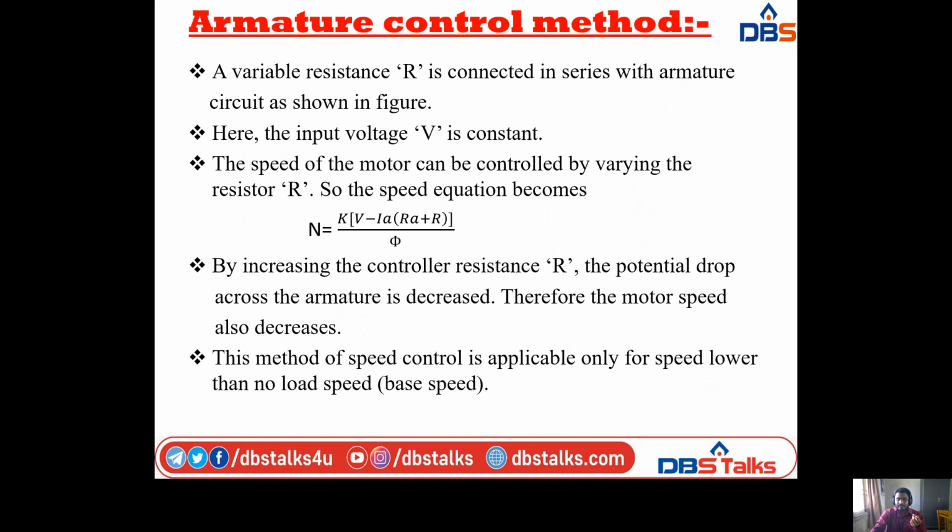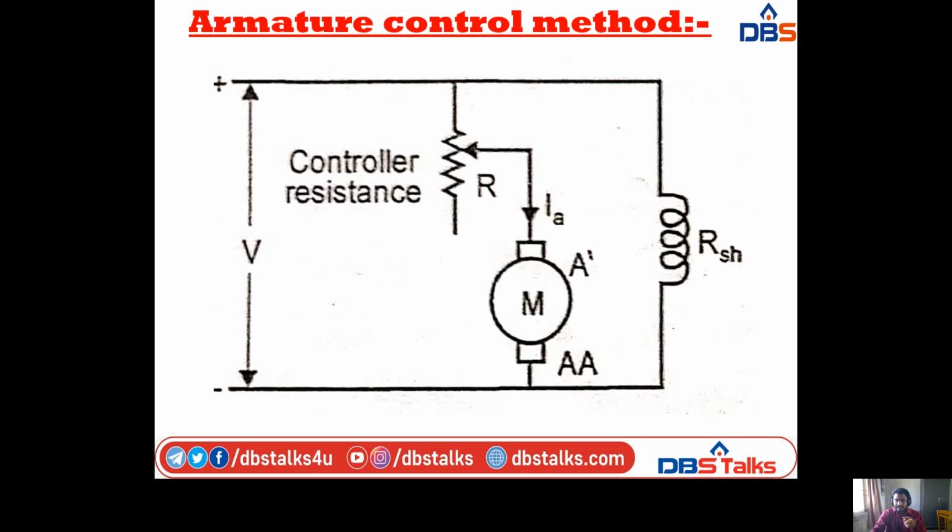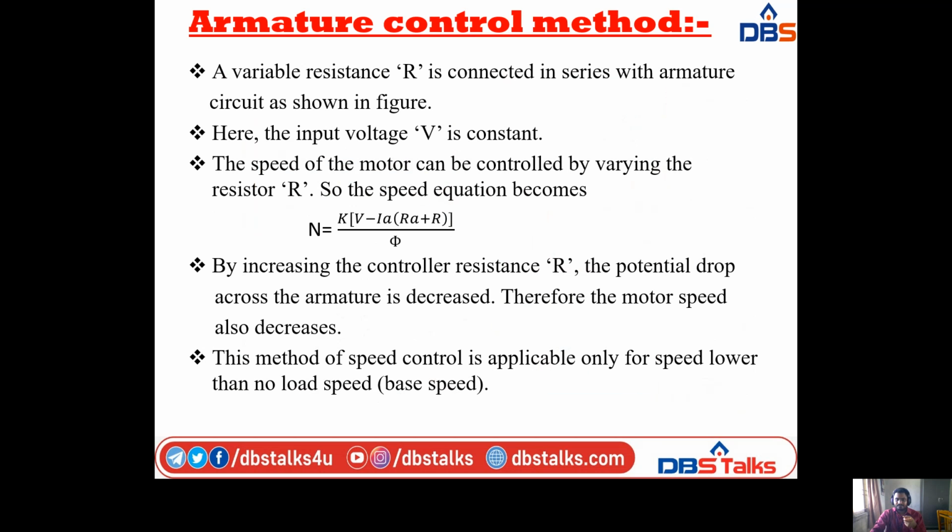Here a variable resistance R is connected in series with the armature circuit, as shown in the figure. The input voltage V is constant. That means the speed of the motor can be controlled by varying the resistor R. So the speed equation becomes N is equal to K into (V minus Ia(Ra plus R)) by phi.